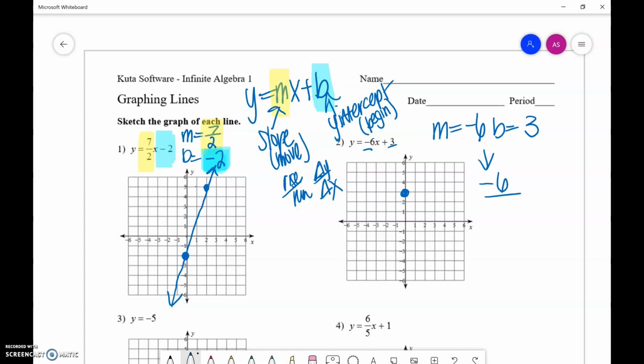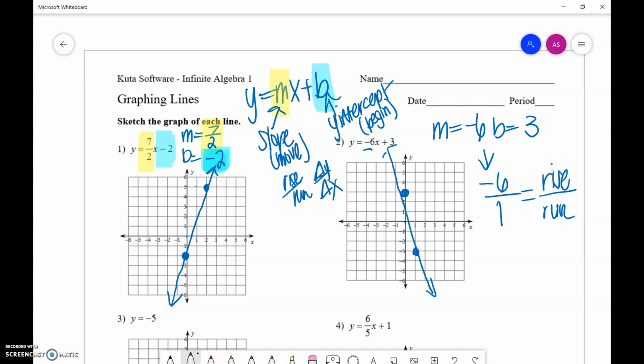So any whole number I want to make a fraction, I just put that over 1. So 6 is going to be my rise, which I'm going down actually. So it could be rise or fall. And 1 will be my run. So I'm going to go down 1, 2, 3, 4, 5, 6, and over to the right 1. And that's my graph.